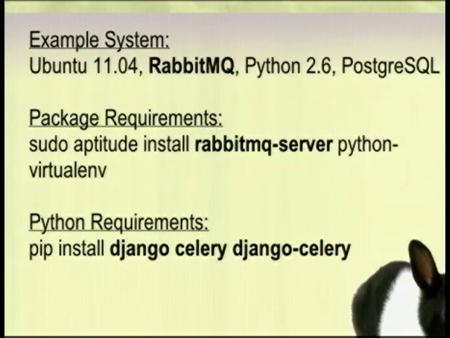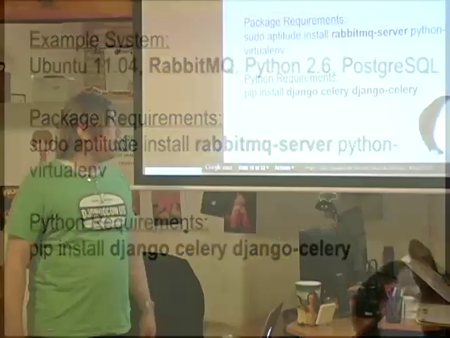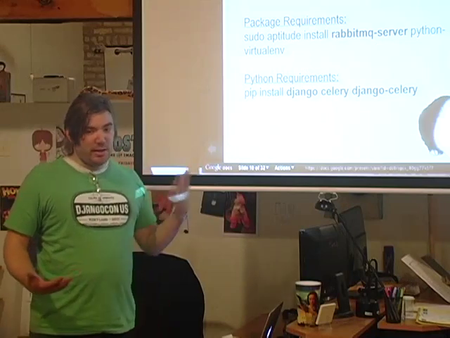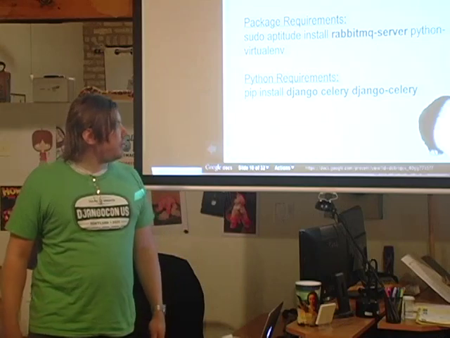So for our example, we're going to use an Ubuntu 11.10 actually. RabbitMQ, Python 2.6, Postgres for the system. Django-celery requires, as far as an apt package, it just basically requires the RabbitMQ server, and I like to throw in virtual environment, virtualenv.